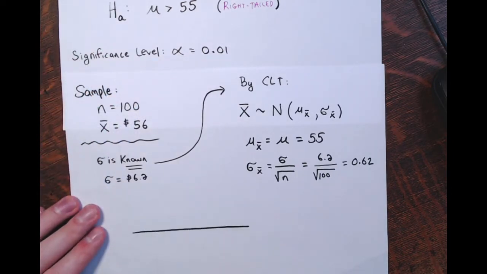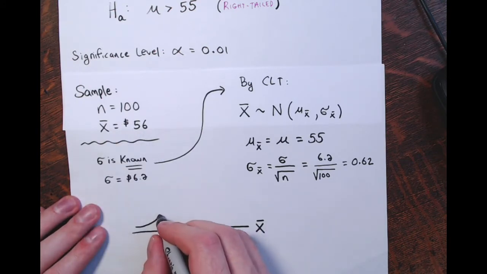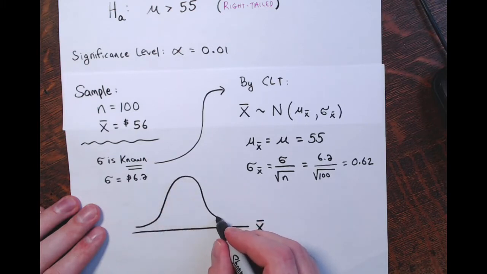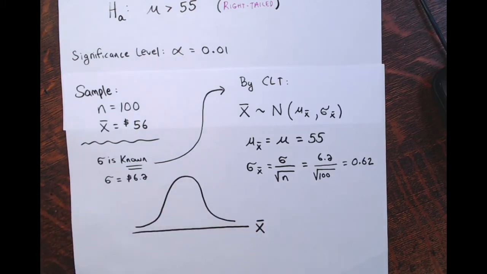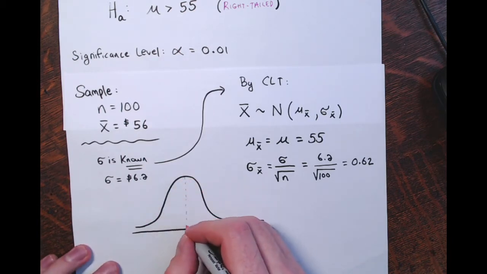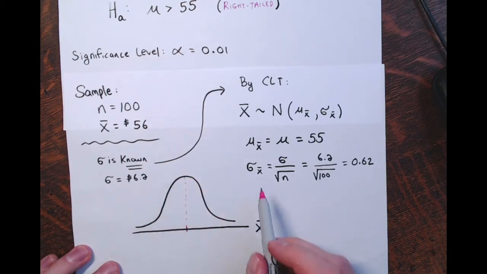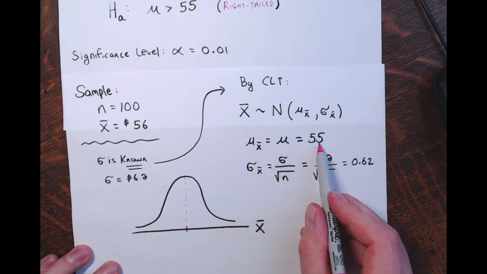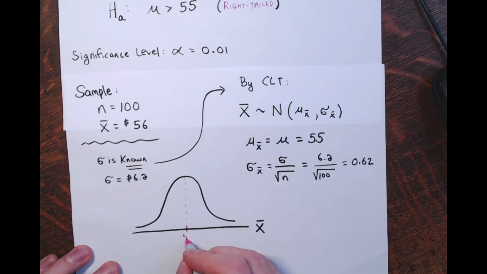There's a number line representing possible values of x bar for samples of size 100. We know that the x bars are normally distributed, right? So I've got a nice symmetrical bell-shaped curve. Then under the peak, on the number line, is the mean value of these x bars, which we said was 55. That's what's being assumed from the null hypothesis.